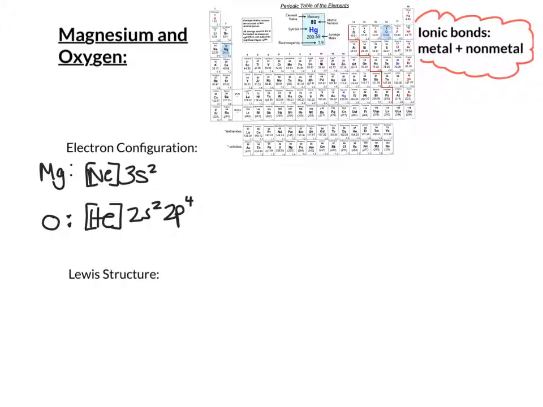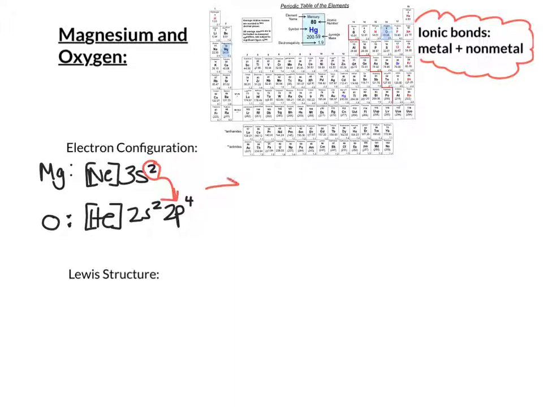We can represent that here and show where those electrons are coming from, because we see that magnesium has 2 valence electrons. Well, conveniently, oxygen wants those 2 valence electrons. So those 2 electrons are going to go to the 2p sublevel in oxygen.